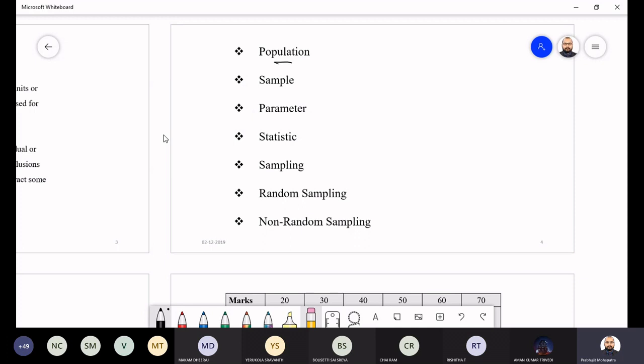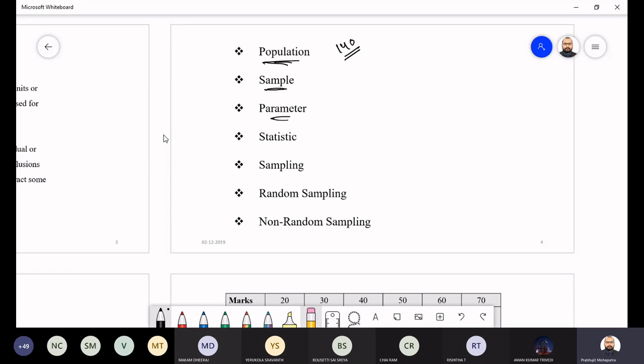If you are going to do a survey, you cannot take the whole population, that is called the whole population. If you are doing the survey on 140 crore people, it will take months and months of time. Who has that much time or that many resources? So instead of taking the whole population, we go for a sample. We'll do a survey on 1 lakh people or 10 lakh people.